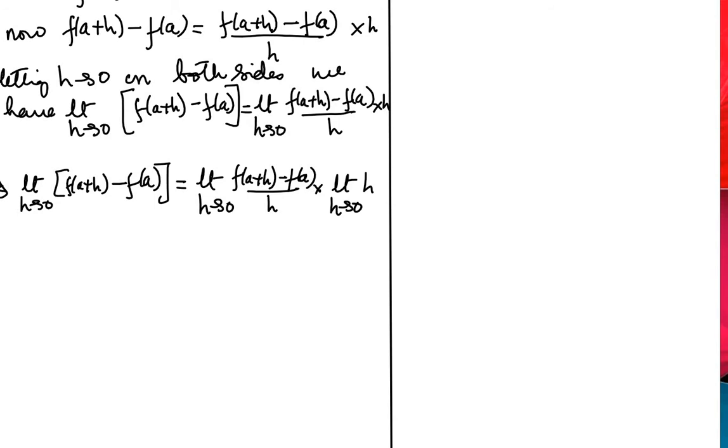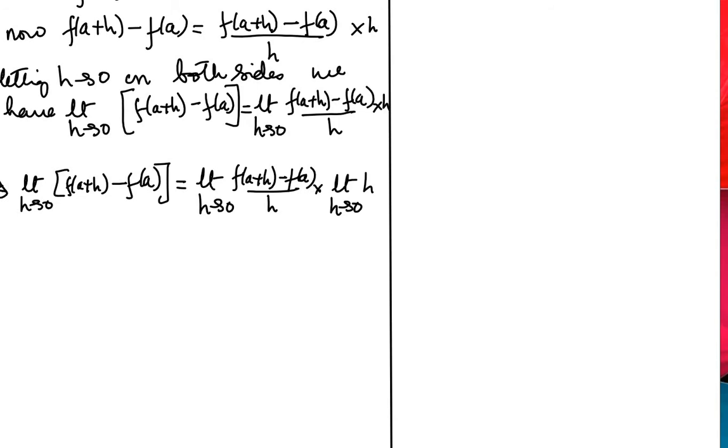As we know from the properties of limits of functions, the limit as x tends to a of f(x)g(x) is the same as the limit of f(x) into the limit of g(x). So by applying that property, we can write this as the limit as h tends to 0 of f(a+h) minus f(a) by h, into the limit as h tends to 0 of h.